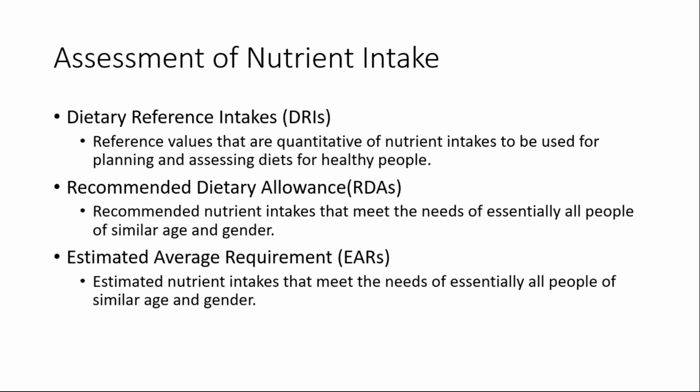You also have what is known as the estimated average requirement, the estimated nutrient intake that meets the needs of essentially all people of similar age and gender. So the recommended daily allowance is for every day, and the estimated average is an average of the requirement for people of similar age and gender.